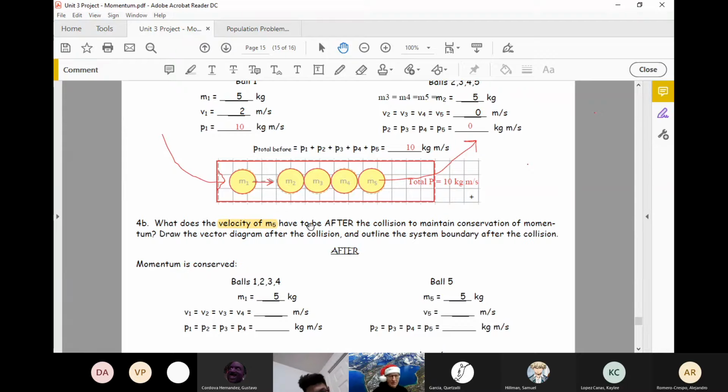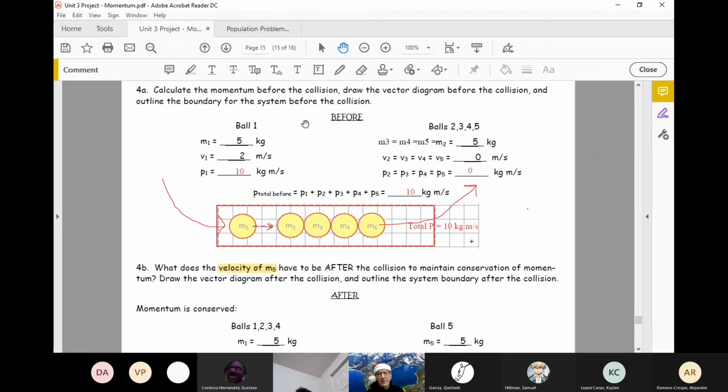Now, I want you to pay really good attention to how we do this and the order that I do things, because when I turn you loose to work on page 16 by yourself, you're going to have to follow this same process on the second half of page 16. Okay? So the before the collision is pretty straightforward.